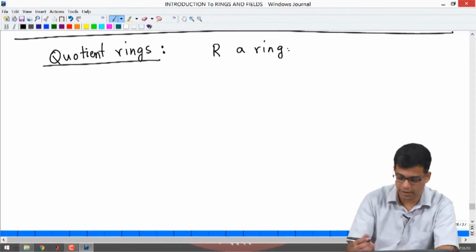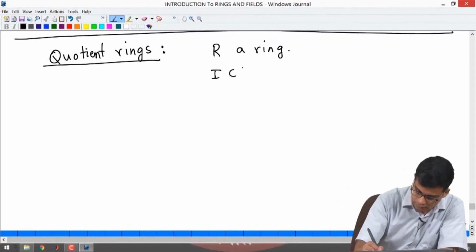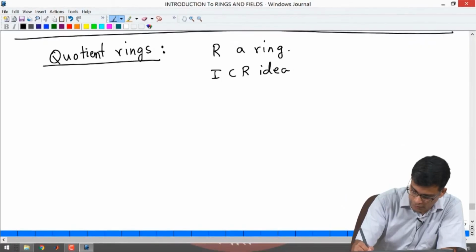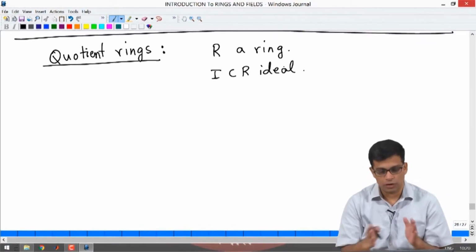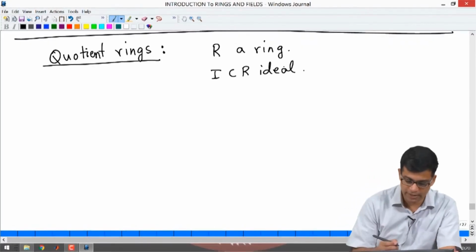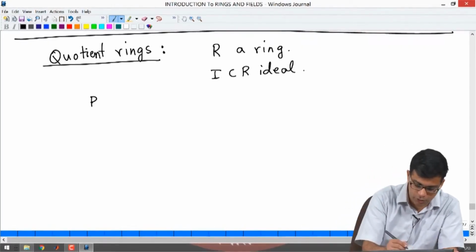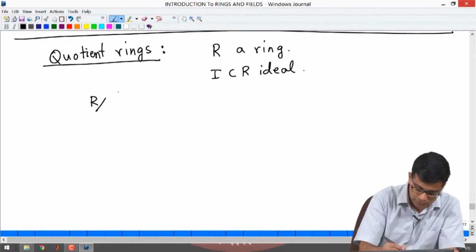So, all we need is an ideal. So, I is an ideal, and consider R mod I, exactly what you are used to in the case of groups.